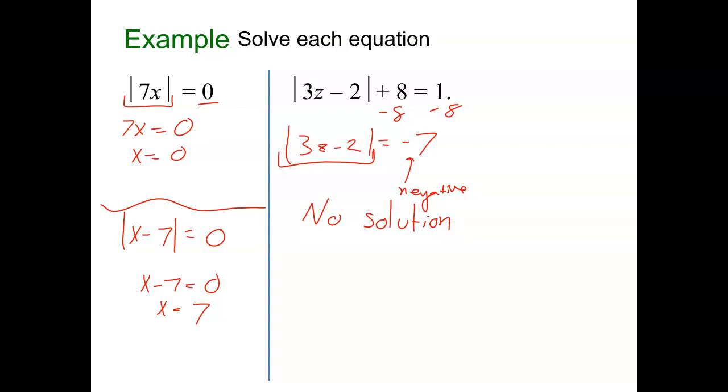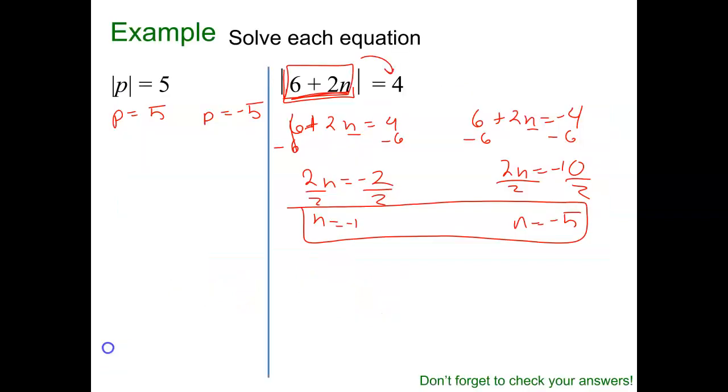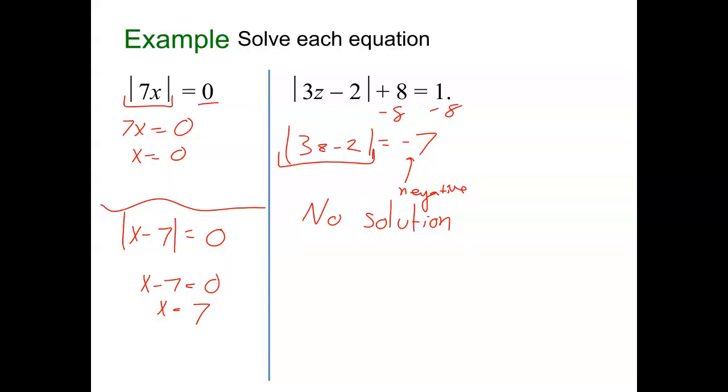I want to go back and emphasize something very important right here in the very definition. If a is positive. Well, over here, a is not positive. I can't do anything. There's no way you can take an absolute value and end up with something negative, so no solution. But be careful, because sometimes you may see something like this.